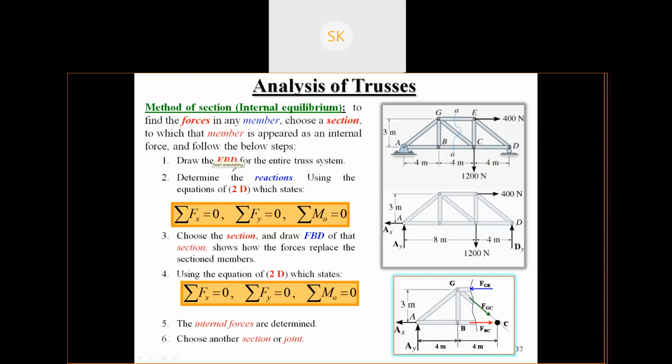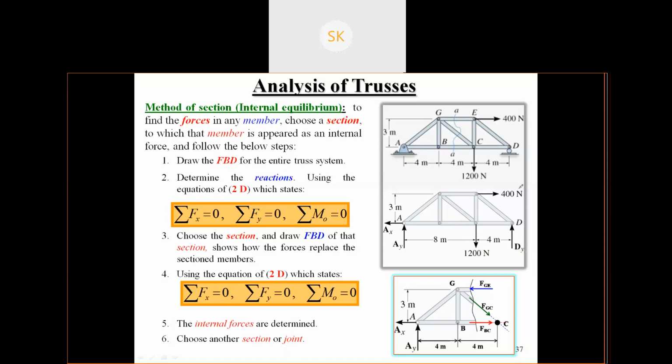In the same way, you have to draw the free body diagram. This is the truss. You have drawn the free body diagram, and by drawing it you have to find the reactions AX, AY, DY. How will you find them? If you equate the vertical forces, the summation of vertical forces, AY plus DY equals 200.